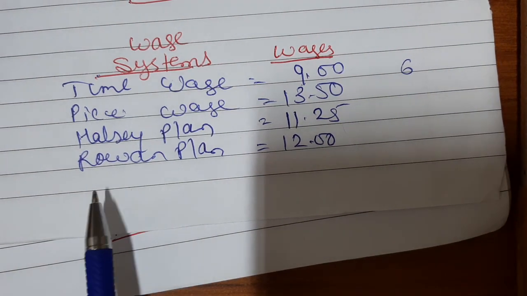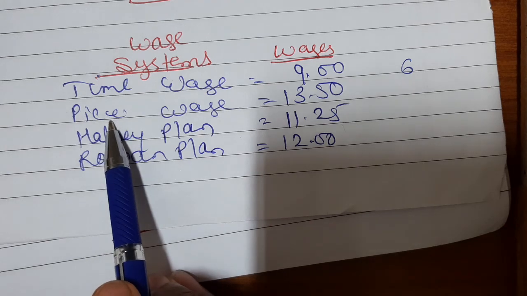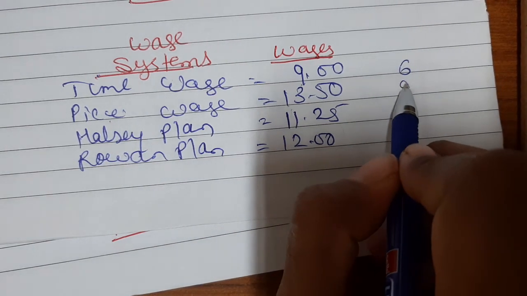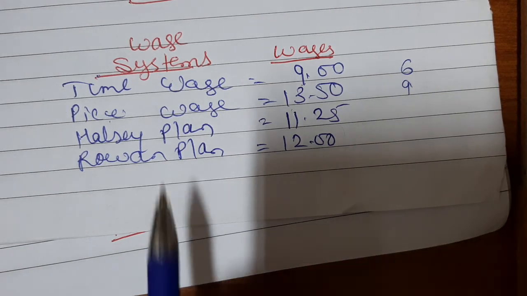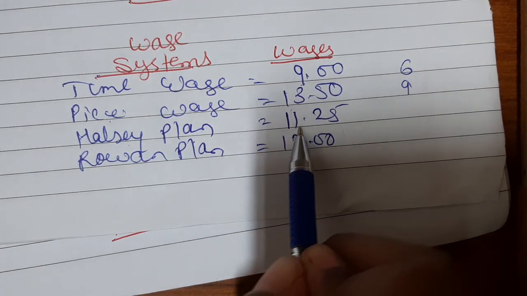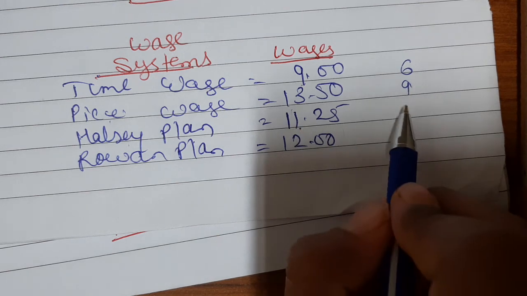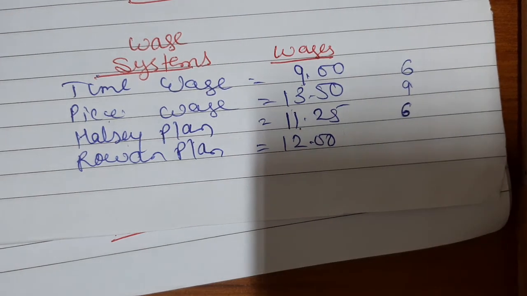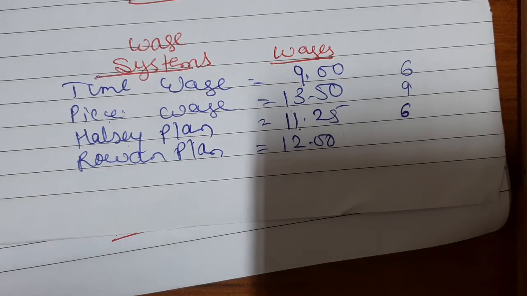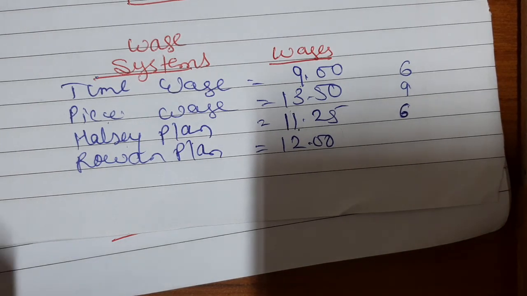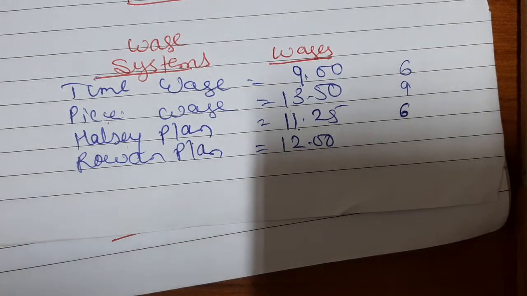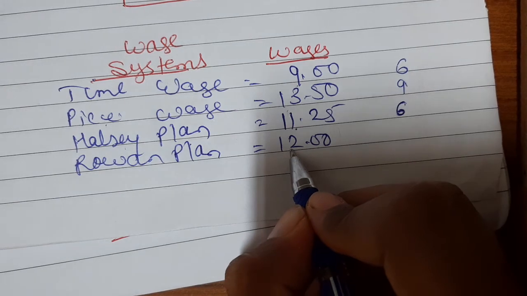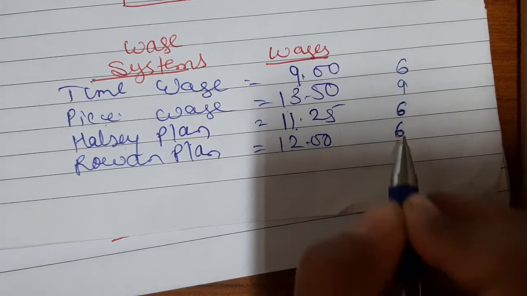If paid as per piece wage system, he will be paid rupees 13.50, and here he has worked for 9 hours. Under Halsey plan, the worker will be paid 11.25. Here he has worked for only 6 hours and has saved 3 hours, so he is paid the bonus on the basis of time saved. And as per Rowan plan, he will be paid rupees 12 if he worked for 6 hours.